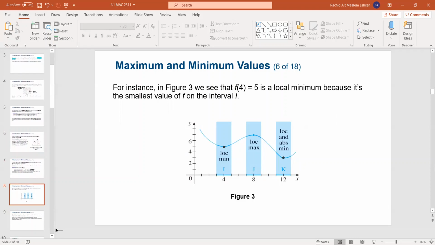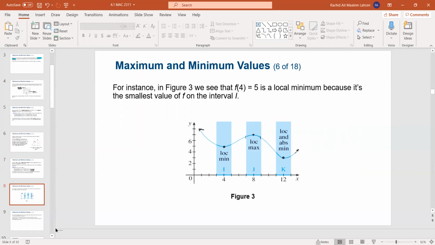Even if the graph keeps going here, in this case it's still going to be that, but it will have a problem with the maximum. We can just say we have a local maximum near this value, which will be the c value, which in this case is j.